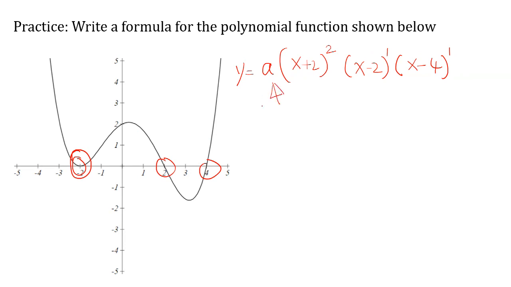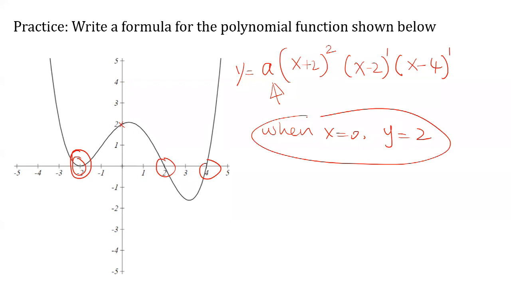Next, we need to consider the value of a. So note that when x is 0, y is 2. We can put this into the function, which means y equals a times 2 to the power of 2 times -2 times -4, right?